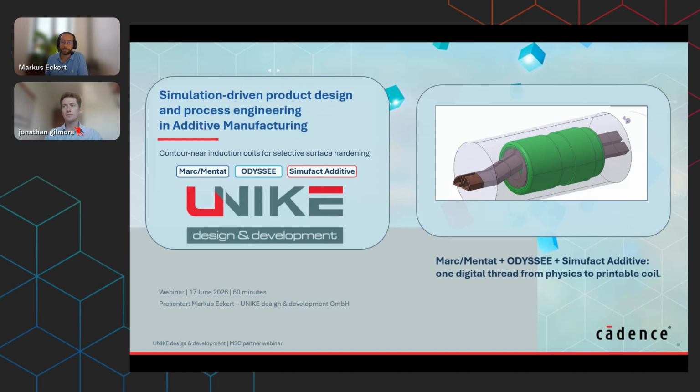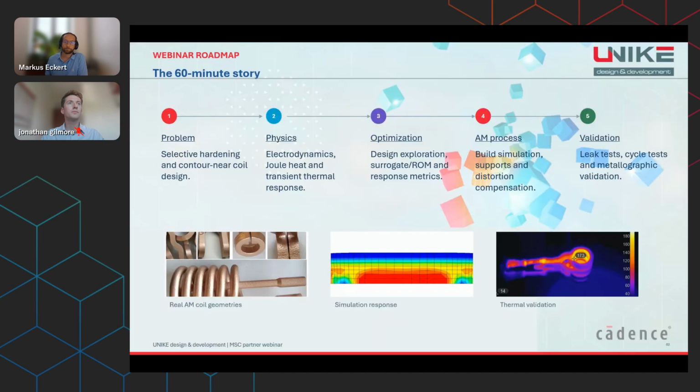At the same time, it has to be manufacturable as an internally cooled pressure-tight copper component using additive manufacturing. The central question is therefore, how do we move from the required hardening zone through electromagnetic thermal simulation and optimization to a printable functional inductor geometry? I will walk through this digital chain today using Marc Mentat, Odyssey, and CMFACT Additive.